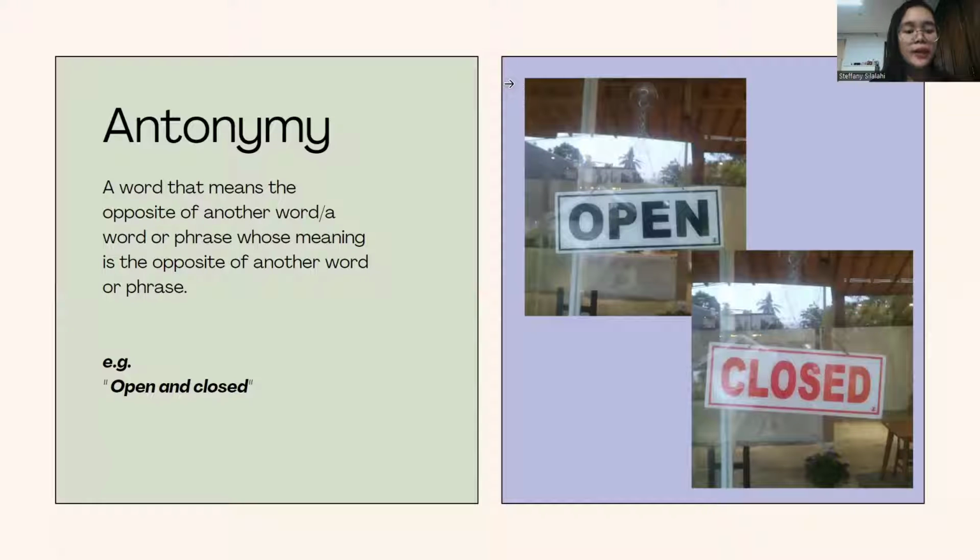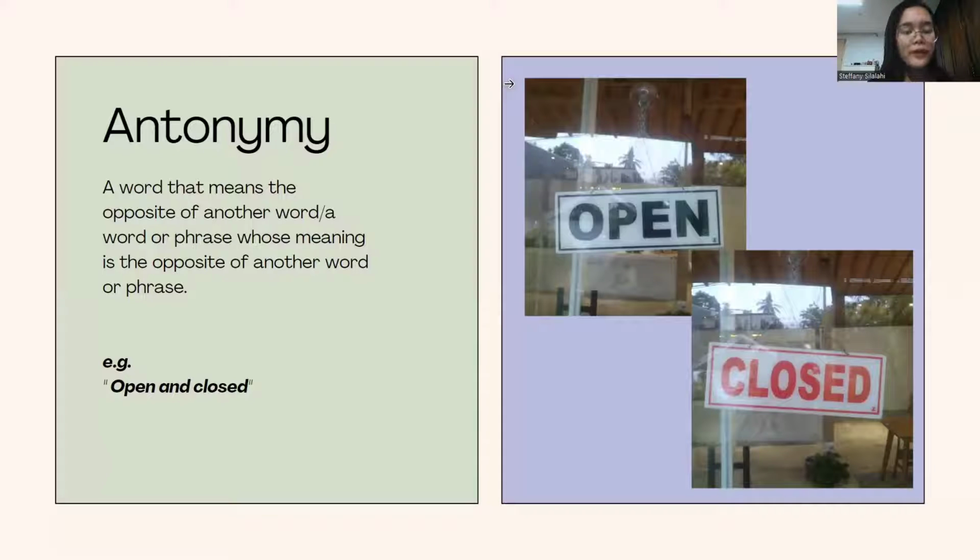The second is antonymy, a word that means the opposite of another word, or a word or phrase whose meaning is the opposite of another word or phrase. Antonyms are usually divided into two main types.